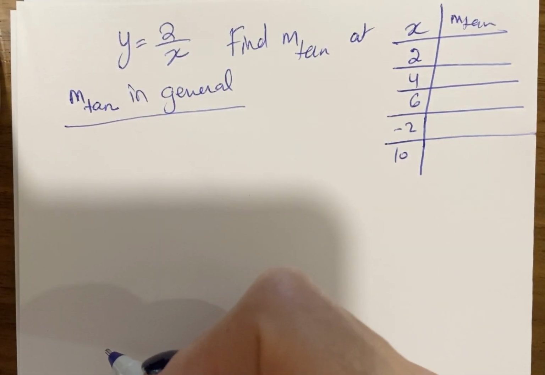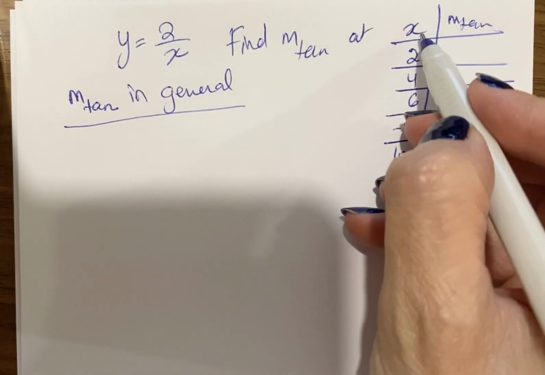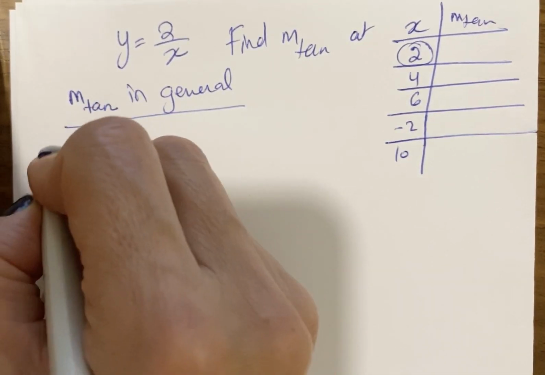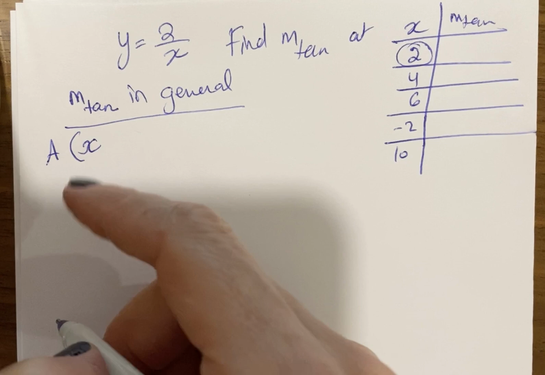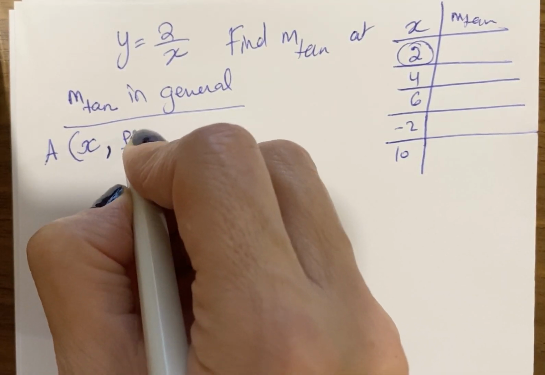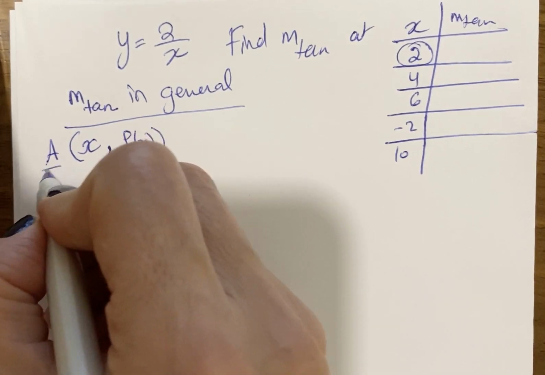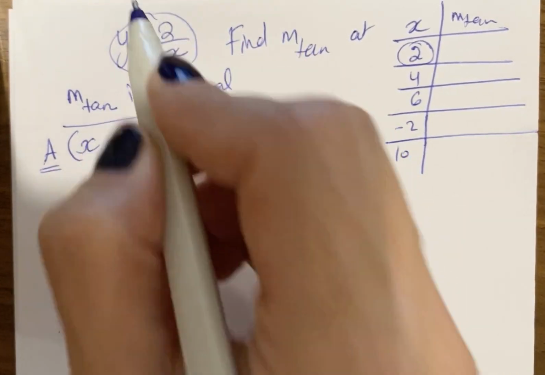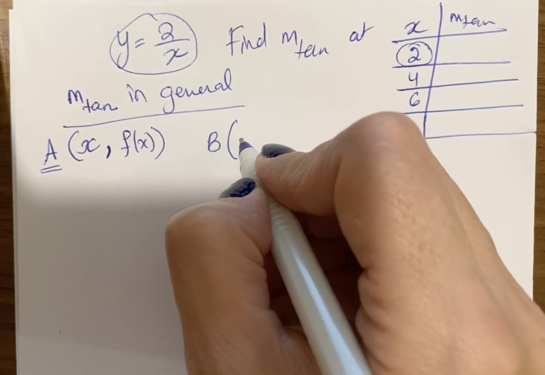What do I mean, find the slope of the tangent in general? I don't want to find it at x with a value. I will find it at x in general. Let's suppose my point A has an x coordinate x. Then what is its y coordinate? f of x, because remember, A and B are points on the curve. So now B, how will I choose it?